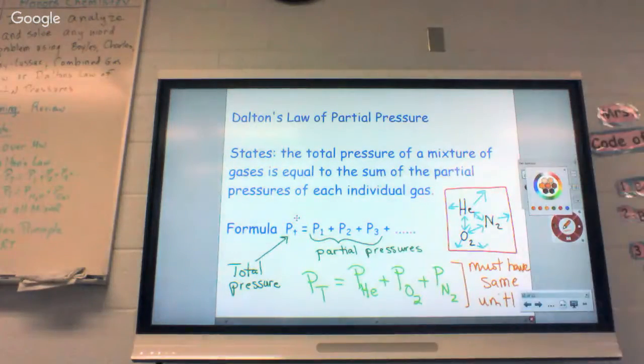That's the only catch. Now, if I happen to say in the question, what is the total pressure in atmospheres? Then you'd have to calculate it in atmospheres. But if I just say, what is the total pressure? Do I care what it's calculated in? No, you can calculate it in whatever you like. Okay?